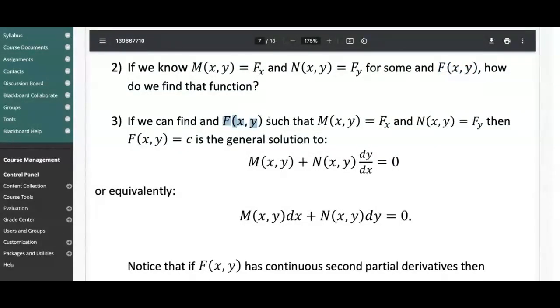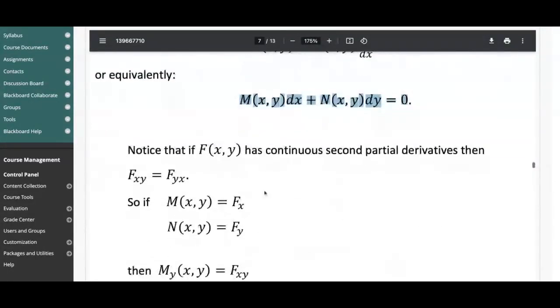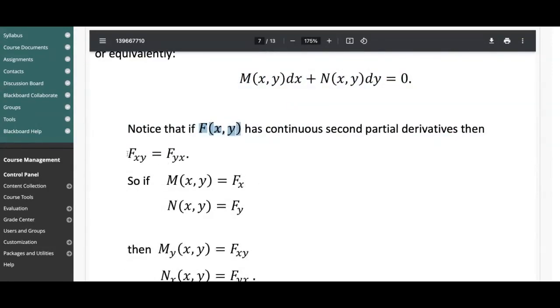If we can find the potential function satisfying M to be partial x and N to be partial y, then the level set of this is a general solution to this or this. So notice this function has continuous second partial derivatives, which means, remember, in Euclidean geometry, the mixed second partials have to equal each other, right?